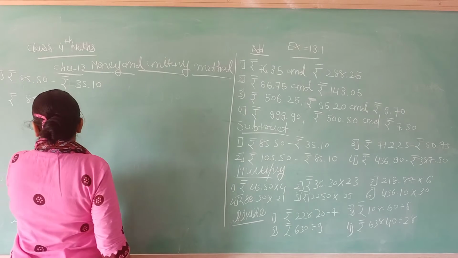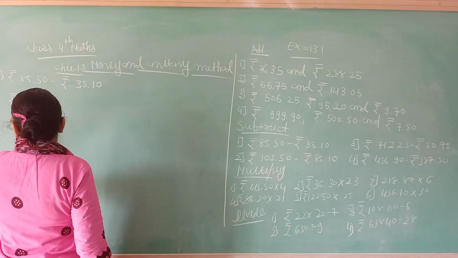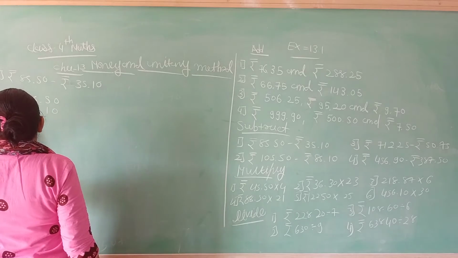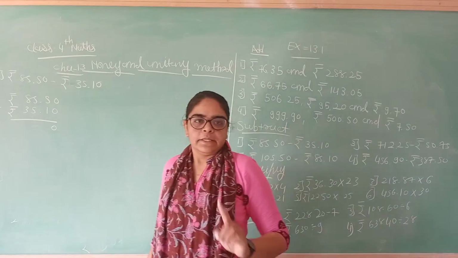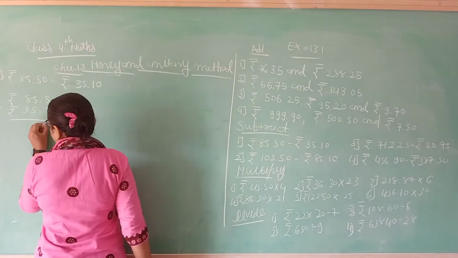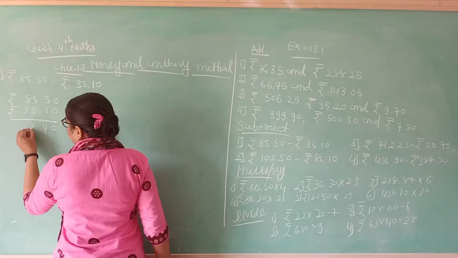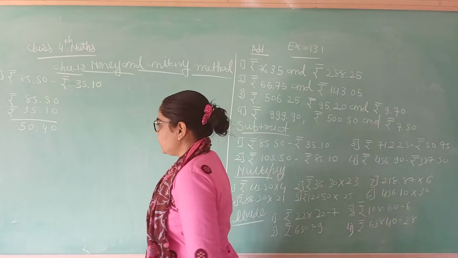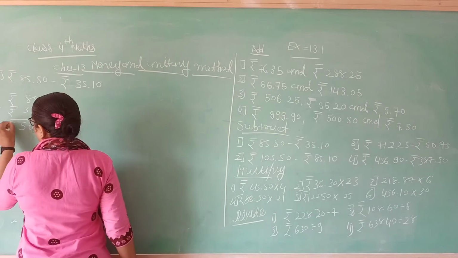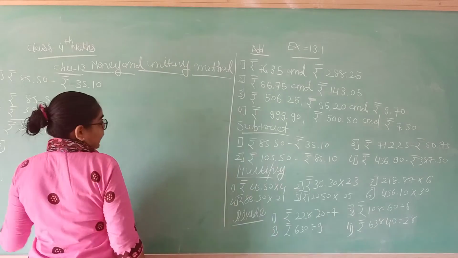Then arrange the second number 0, 1, 5 and 3. Okay. Then subtraction: 0. 1 out of 5 is possible. So 4 here. 5 out of 5 is 0 and 3 out of 8, the remaining number is 5. So your answer is 50.40.